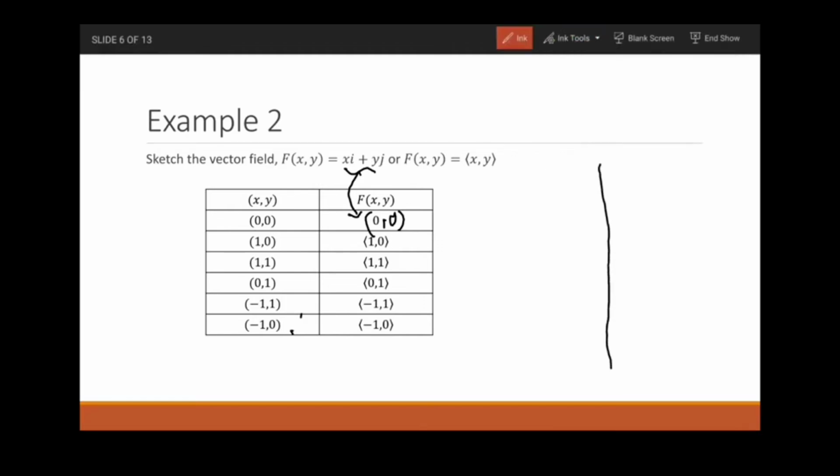Then I draw the graph here, the x and y axis. At the point 0, 0, based on the table, the function is also 0, 0, meaning there is no direction to the right, left, above or below. So it stays at the point 0.